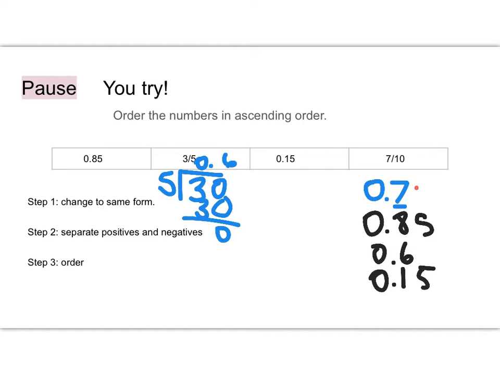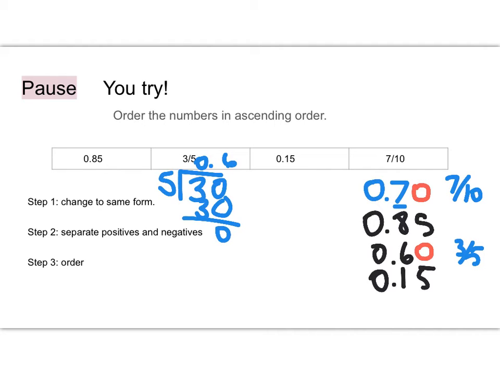What I mean by that is put a 0 here to make it a 2-digit decimal and a 0 here. So all digits have 2 place values. So now when I look at this form, I can compare them. But I'm going to go a little bit further and write the original form next to it. So 3/5 was 6/10. That way when I'm writing it, that number is already recorded. And 7/10 was right here.